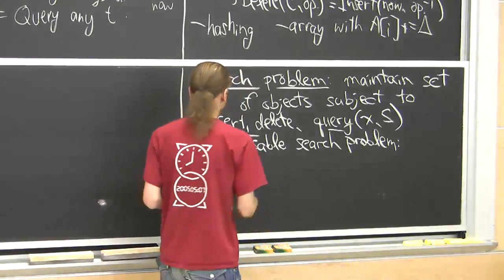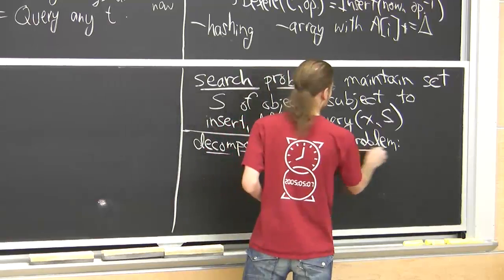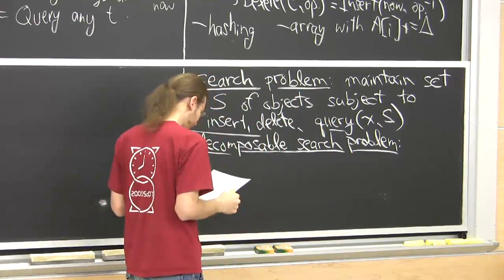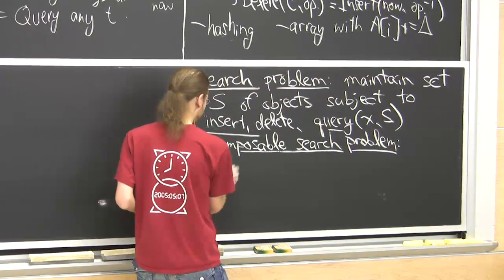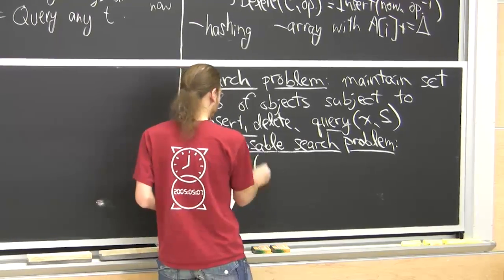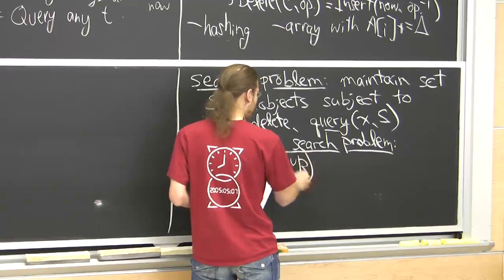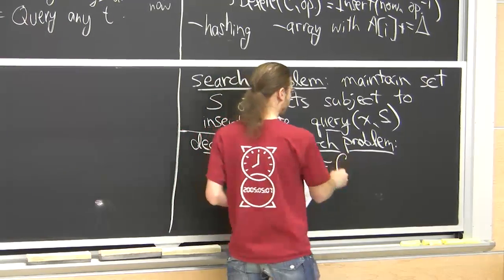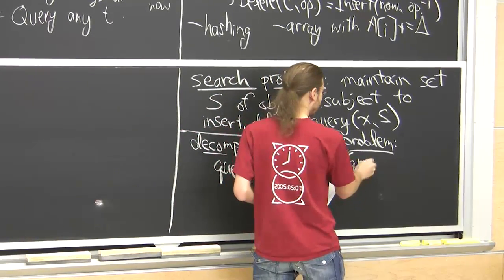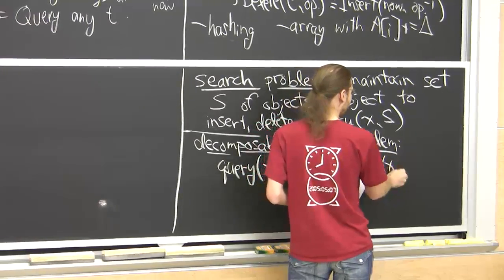Cool. So what's a decomposable search problem? Same thing, but the query is of a particular flavor, has a particular structure. If I want to do a query on the union of two sets, A and B, it's the same thing as doing the query on the two sets individually and then combining them with some function.